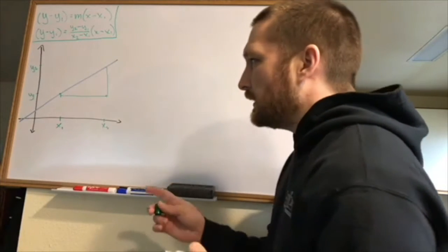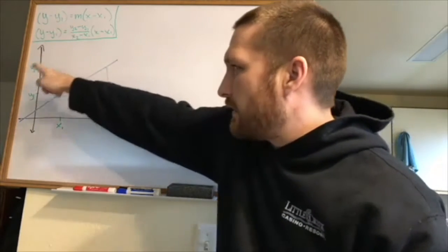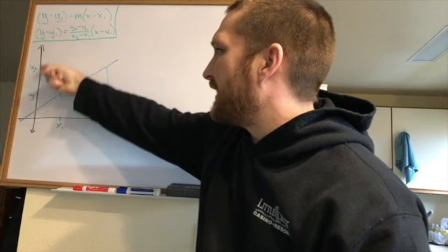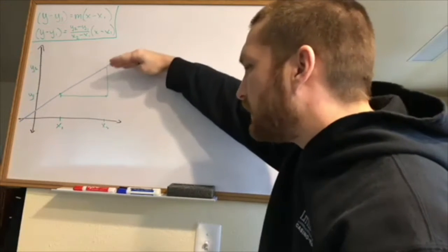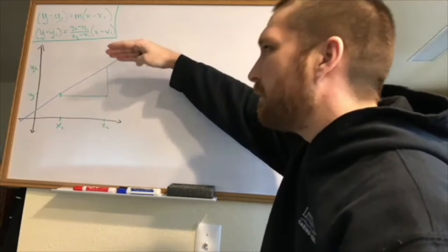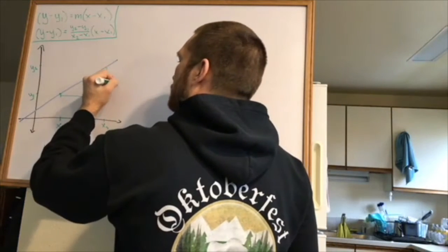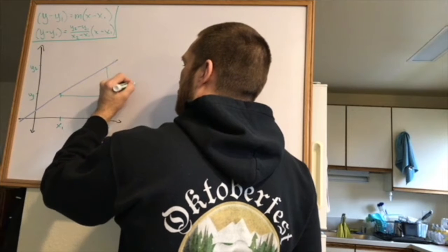To find that distance, we just take that number minus that number. Like if this were a height of 1, and that were a height of 5, the difference from 5 down to 1 is 4, or in other words, 5 minus 1 is 4. But in symbols, since we don't know what these outputs are, that's y2 minus y1.